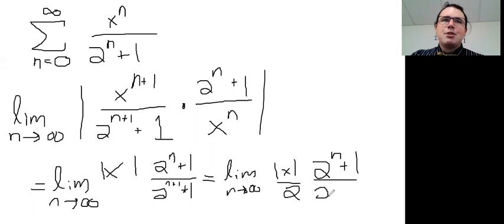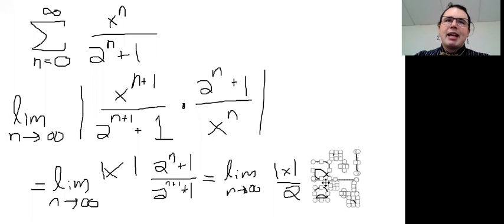Well, the denominator is 2 to the power n plus 1 divided by 2, excuse me. So in the limit, this numerator and this denominator are both going to positive infinity.